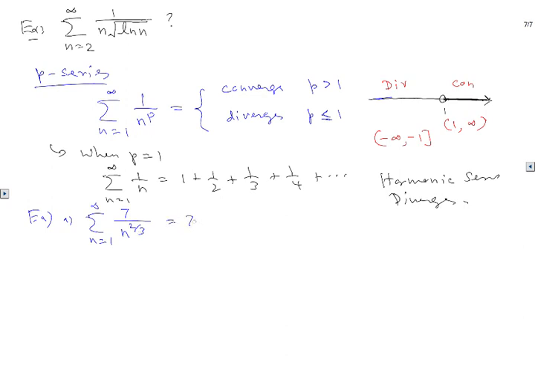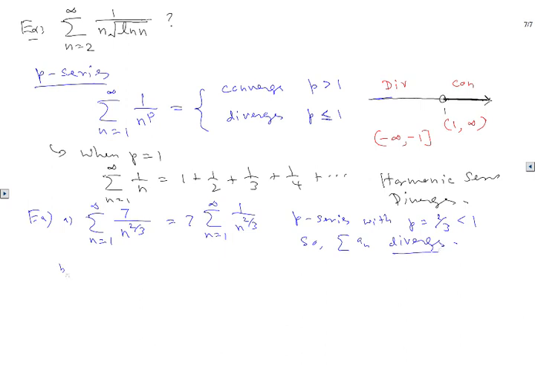Or you can pull the 7 out to make it clearer. So you can see that this is a p series with p equal to 2/3, which is less than 1. So the series diverges. That's the easiest way to do this.